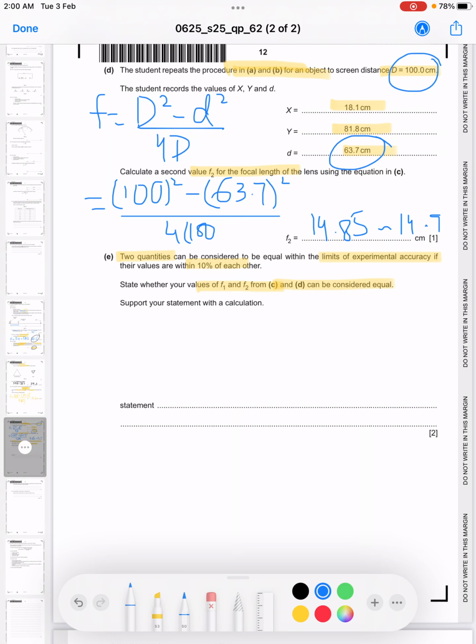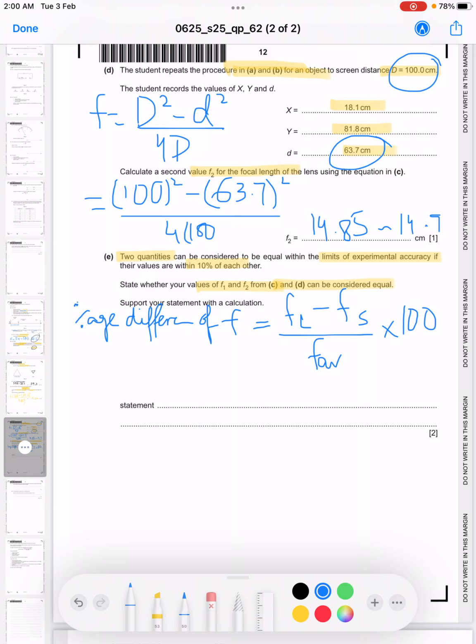For that, we have the formula for the percentage difference of values. Here we have the focal length. So we can say that the percentage difference of focal length F equals F larger minus F smaller divided by F average multiplied by 100.